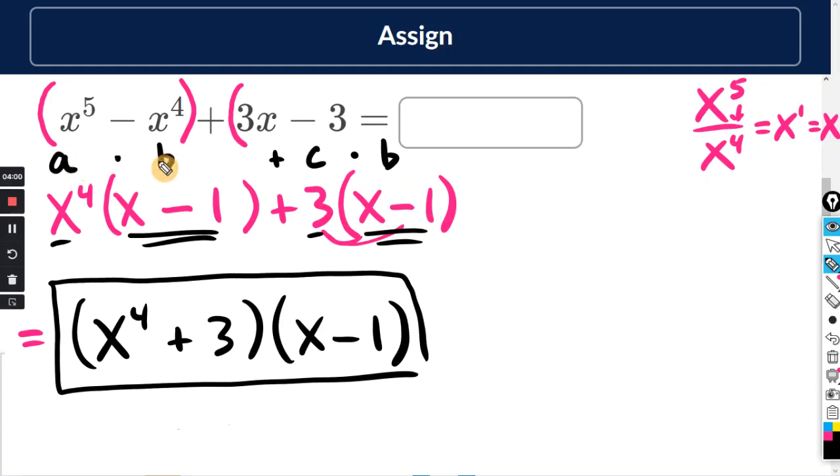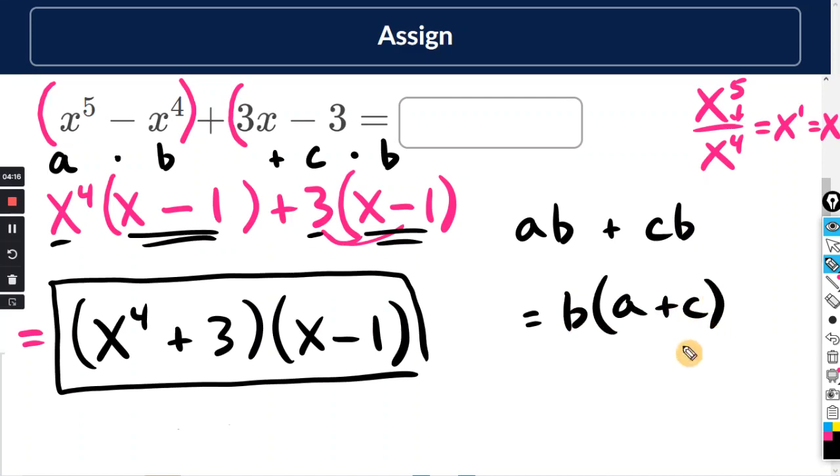So if we had ab plus cb, we could factor out the b. All right, we would have b times a plus c. And that's basically what we have here. The x to the 4th is your a, the positive 3 is your c, and the x minus 1 is your b. So we basically have a plus c times b. All right, so that's basically what we did.